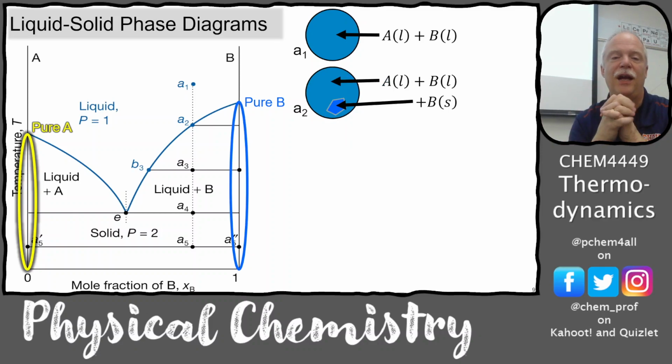The very first little crystal of B, or little solid region of B, starts to grow at A2. But I still have a lot of A liquid and B liquid. The liquid phase is still a single phase, but in that liquid phase, I have both substances. I have A and B liquid.